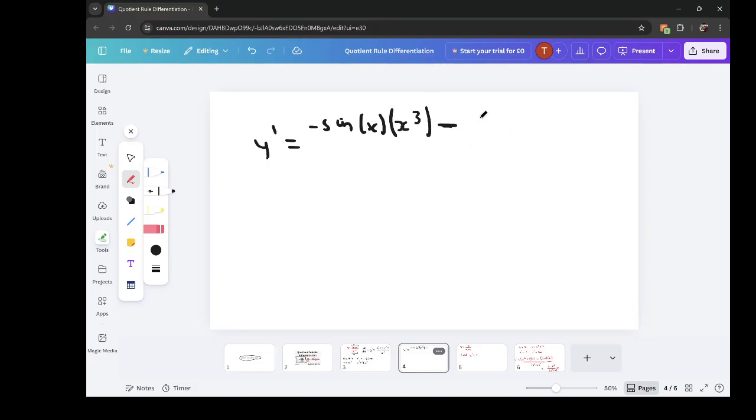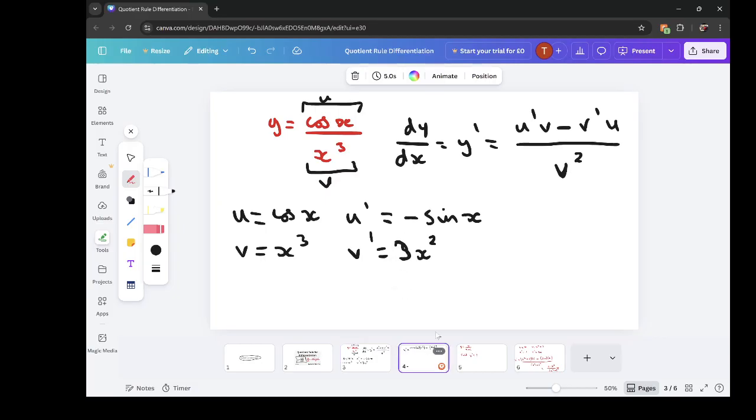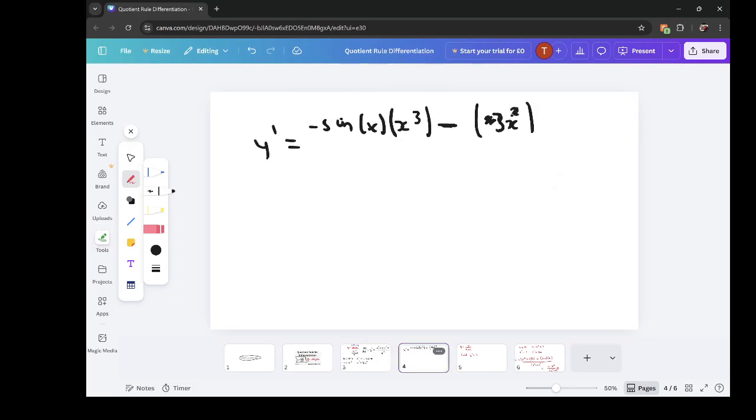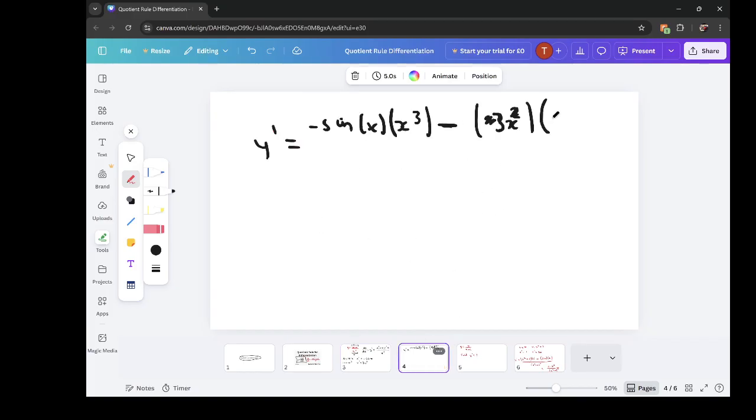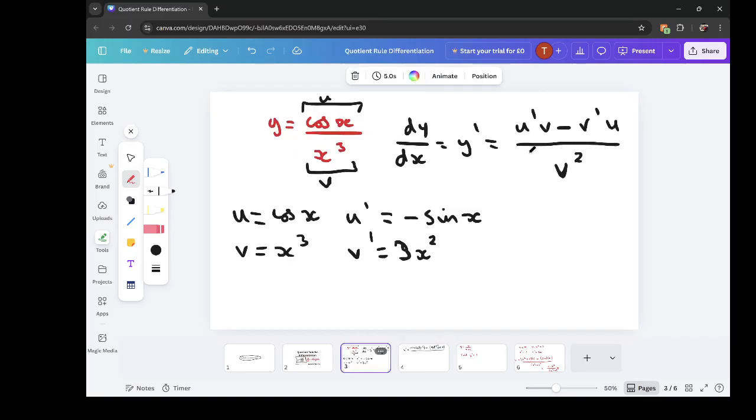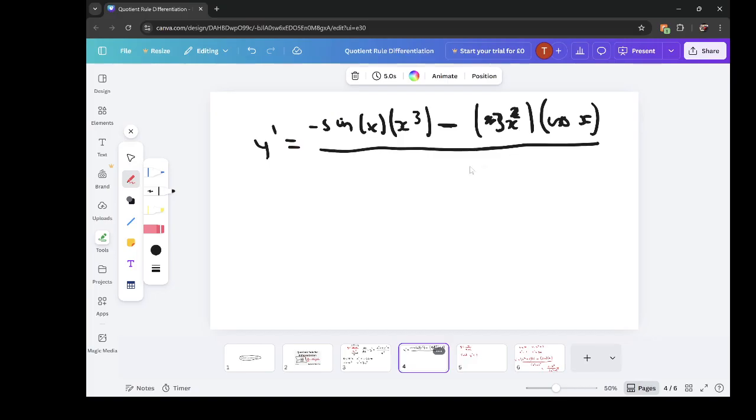Minus 3x squared times u, cosine x. Yeah, v prime times u, times cosine x, over, and what was our term? v squared, right? So x cubed squared, which is just x to the power of 6, if you want to simplify.